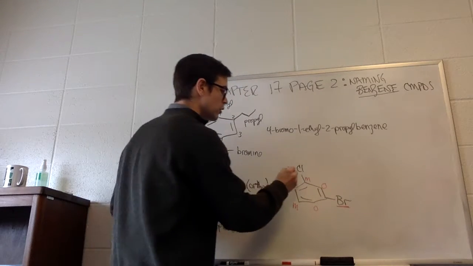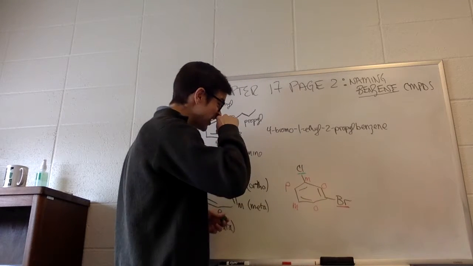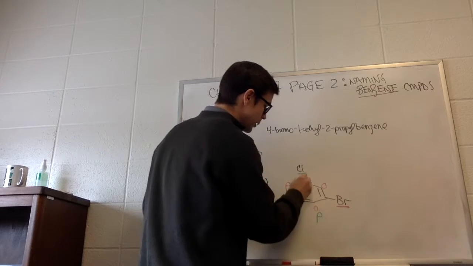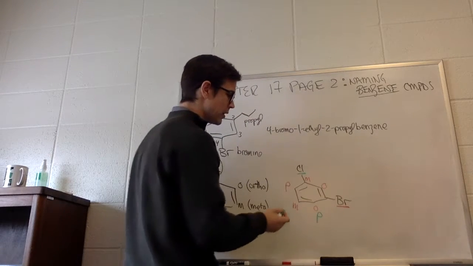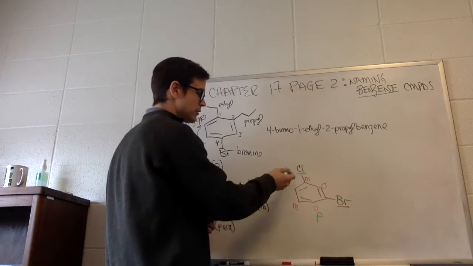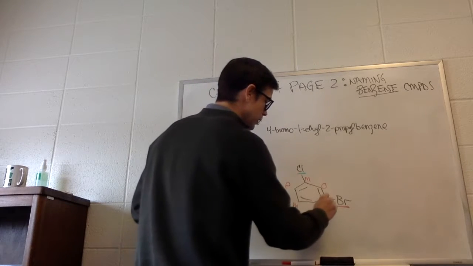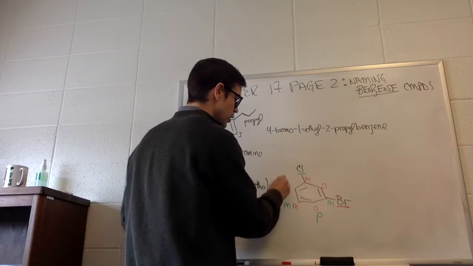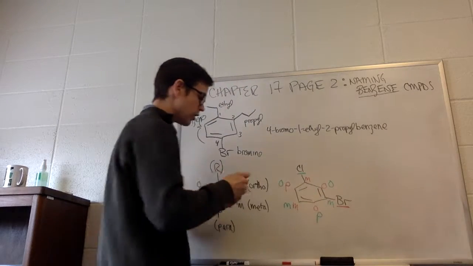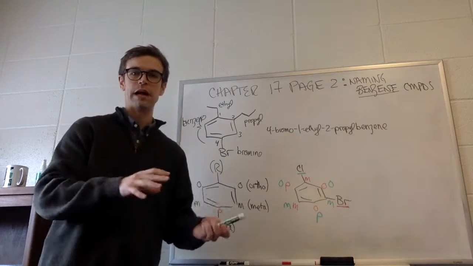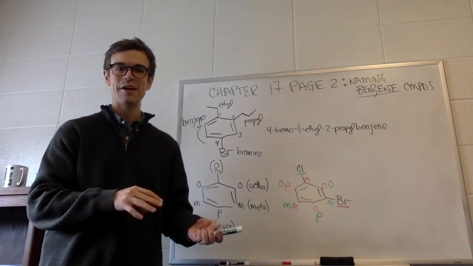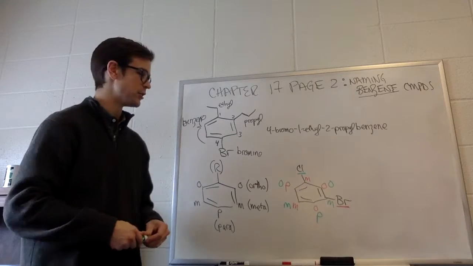If we're talking about the chlorine, the para position for the chlorine would be here. It's the 4th position away from it. The meta positions for the chlorine would be here and here, and the ortho positions for the chlorine would be here and here. So what is para, meta, ortho for one substituent is not the same as for a different substituent.